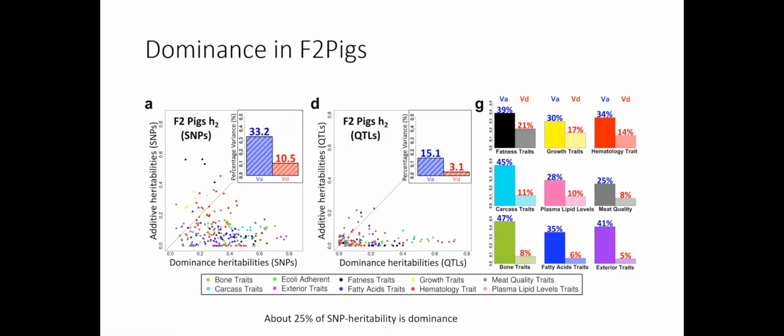You can see for some traits, the amount of dominance is really quite large. For others, it's quite small. And we have the usual missing heritability problem that we can explain only a subset of the heritability using QTLs that pass genome-wide significance.